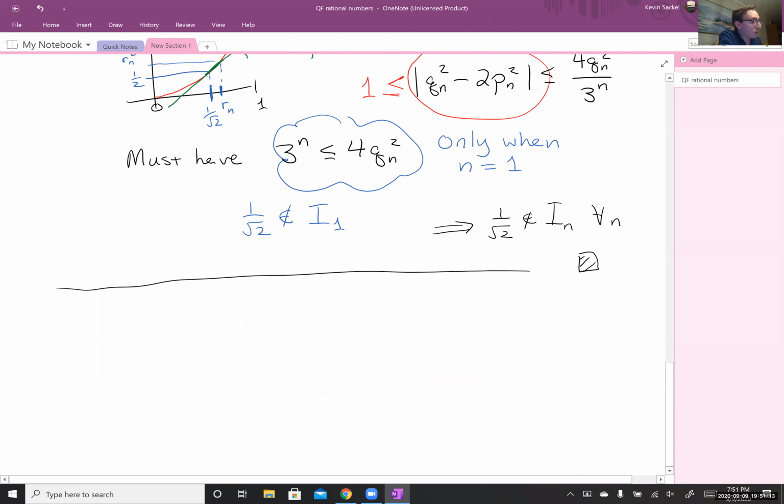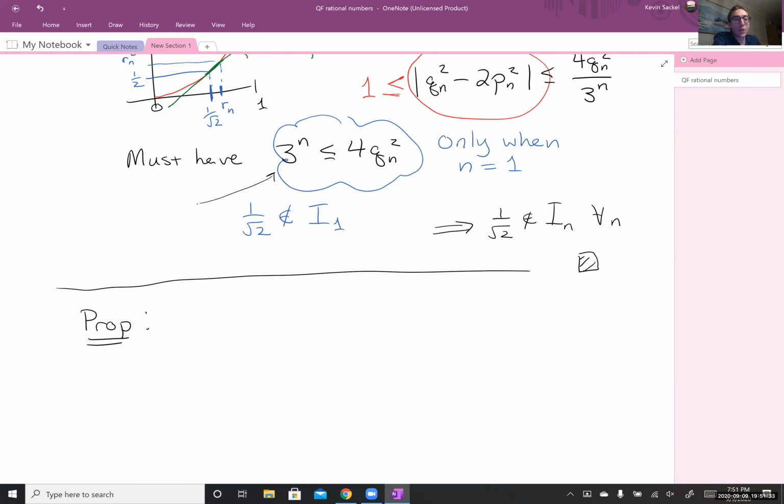So, if you look at this proof, there's actually a proposition which is more natural to state. As you'll note, I started with this enumeration, and then the key last step was that 3 to the n is always less than or equal to 4 Qn squared.